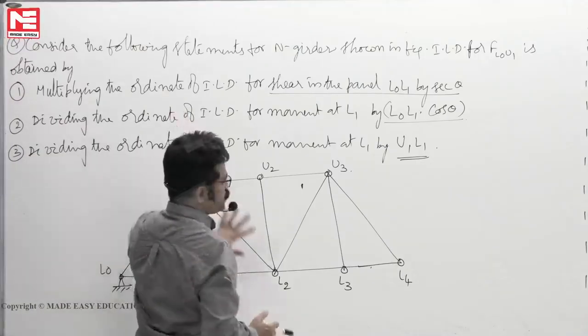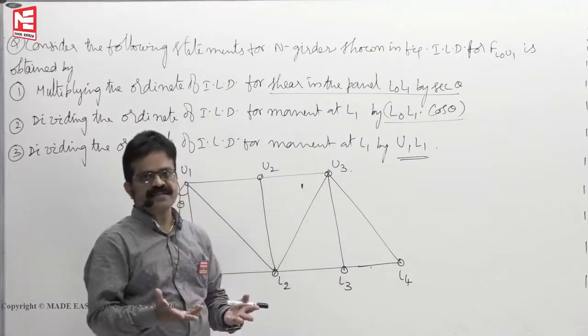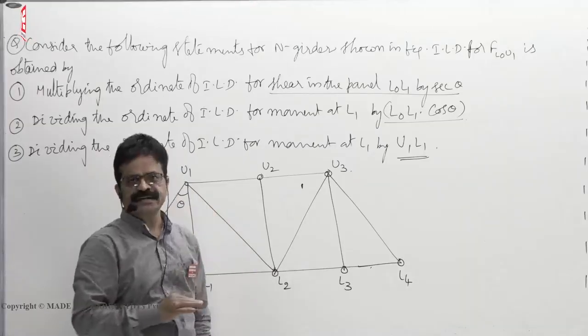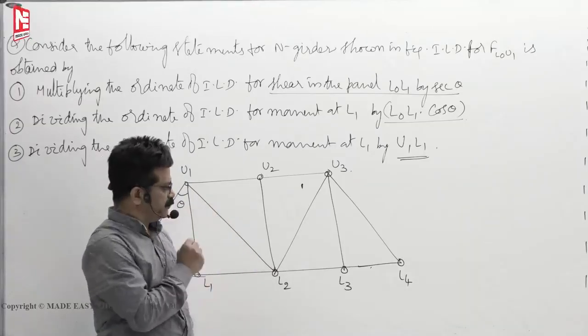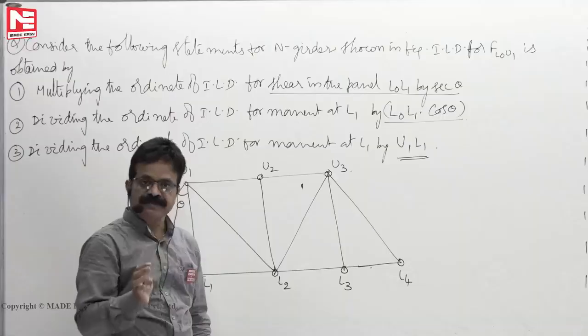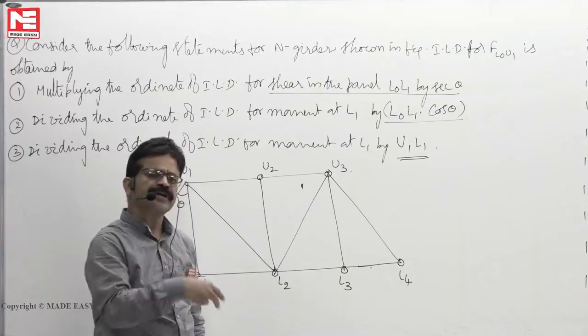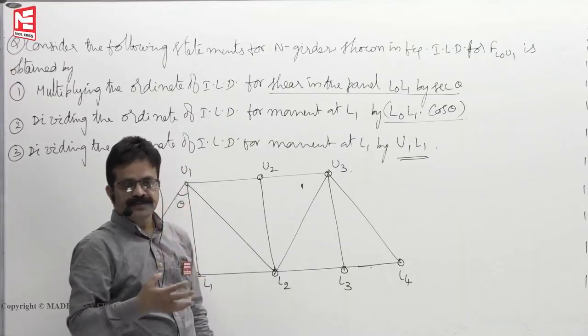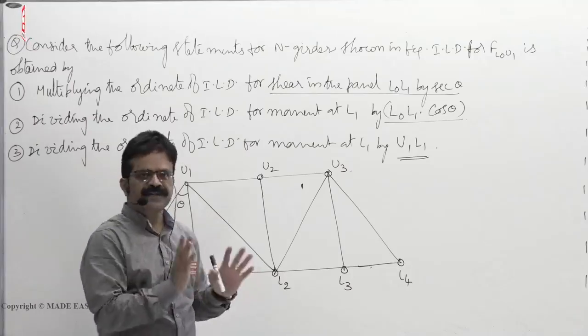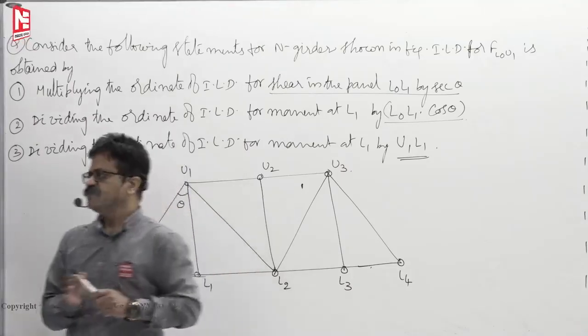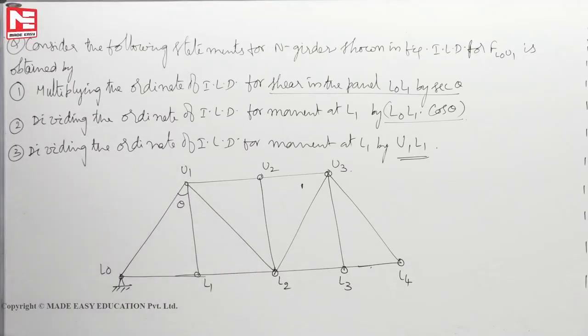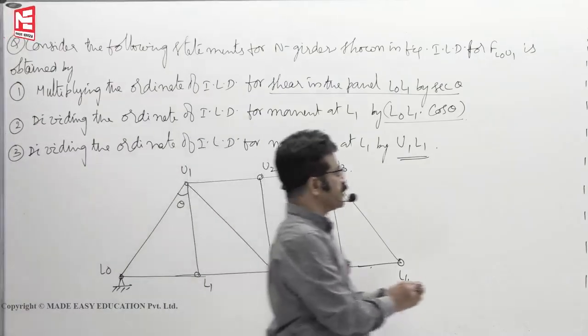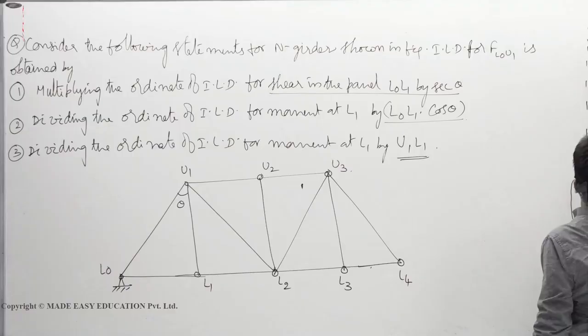This problem tells you how many ways we can get the same ILD, like you can use sigma Fy equals 0, sigma M equals 0 about one point or some other point. But all will give you same result only. So, let us see how to get this solution. Now, here I will write one by one.